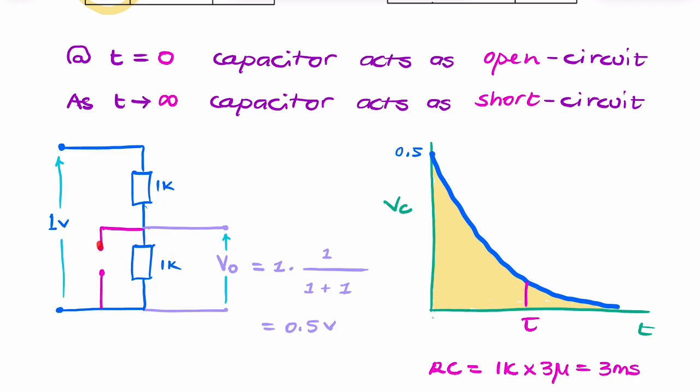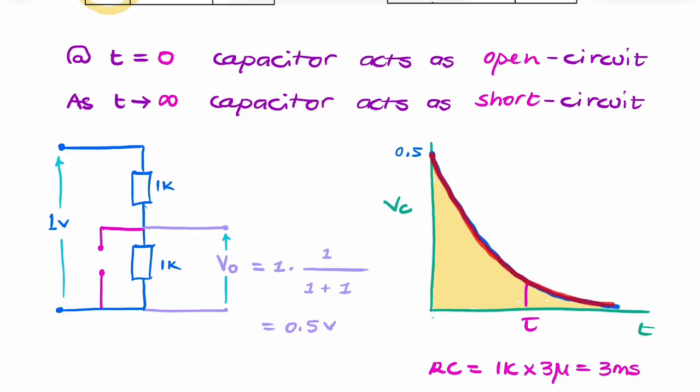So you can see that the capacitor is initially charged to 0.5 volts because the 1 volt is divided equally between these two equal resistances, or you can use a voltage divider, a potential divider.